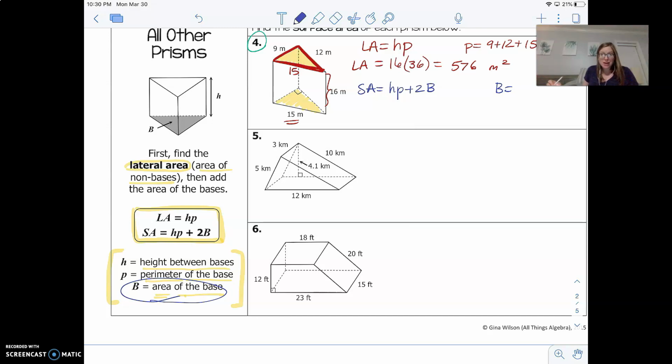We'll go back to 7-1, where we looked at all of those formulas, and the area of a triangle is half base times height, or base times height over 2. Now, carefully here, because this height is not the same as the other height. This stands for height of the triangle, and this is base of the triangle.